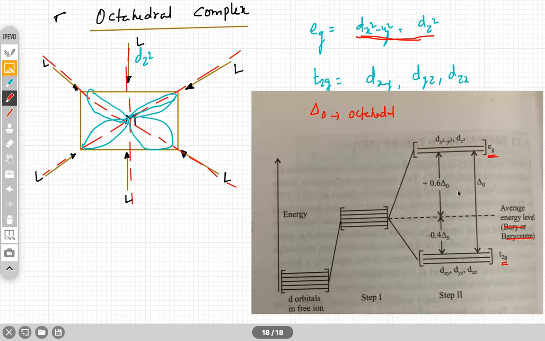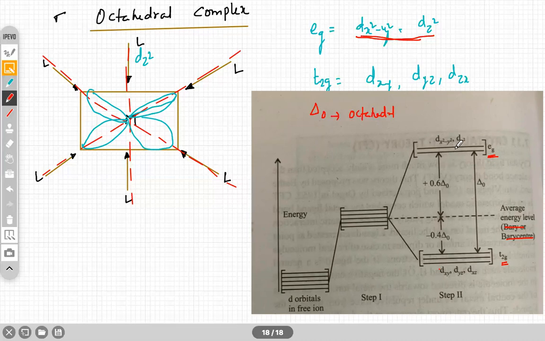If the ligand is strong, the energy gap is high. If the energy gap is less, then the distribution of electrons follows Hund's rule, filling singly first, 1, 2, 3, 4, 5, 6, 7, 8, 9, 10. So this is the distribution of electrons.